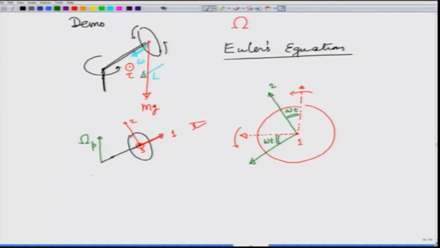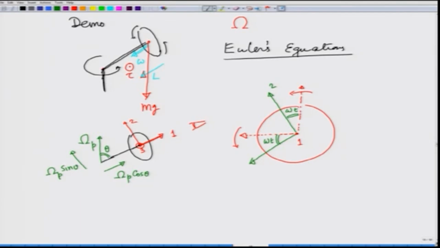Now, if you notice that this omega, if this is at an angle theta from the vertical, omega p has a component along 1 which is omega precession cosine of theta, and a component along this, original at this time along 2, as omega p sine theta.